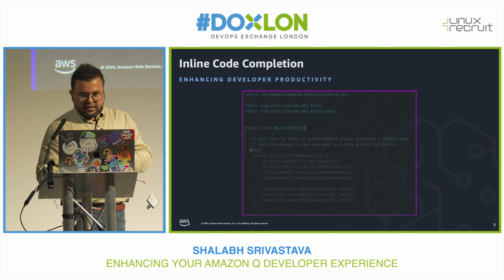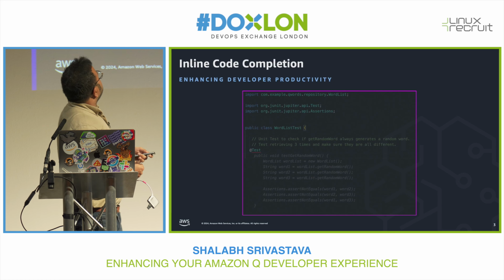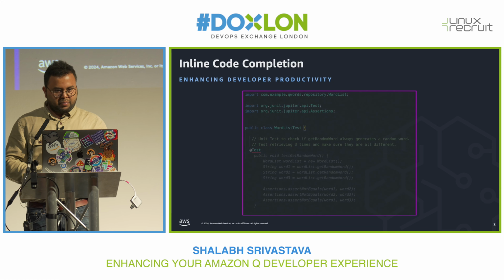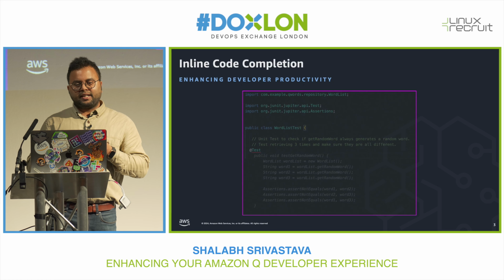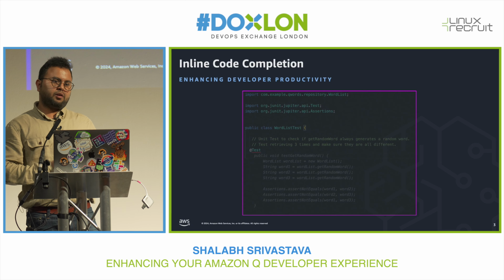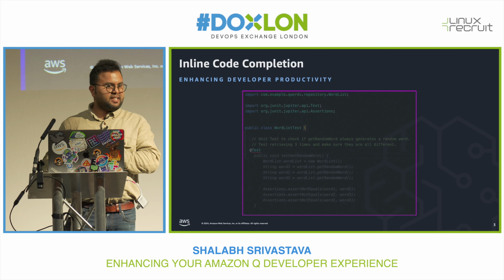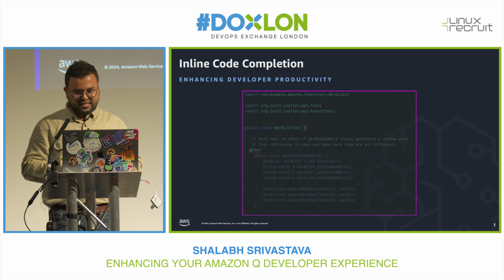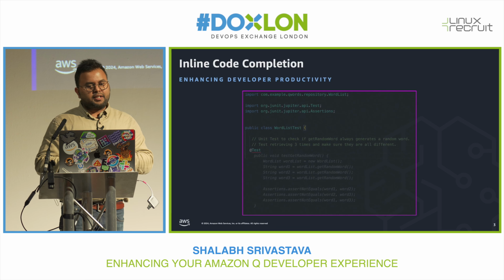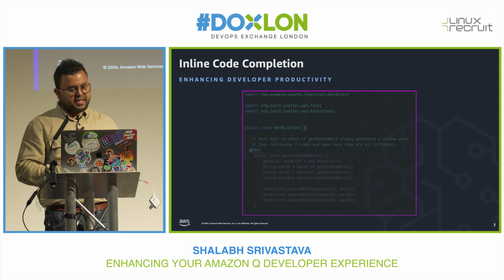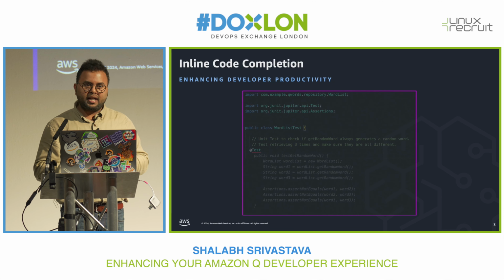Next, let's understand what is inline code completion. Amazon Q can provide you with recommendations on code in real time. As I'm typing, it is also suggesting, wow, I have a companion, isn't it? As you write, Q automatically generates suggestions based on your existing code as well as your comments.